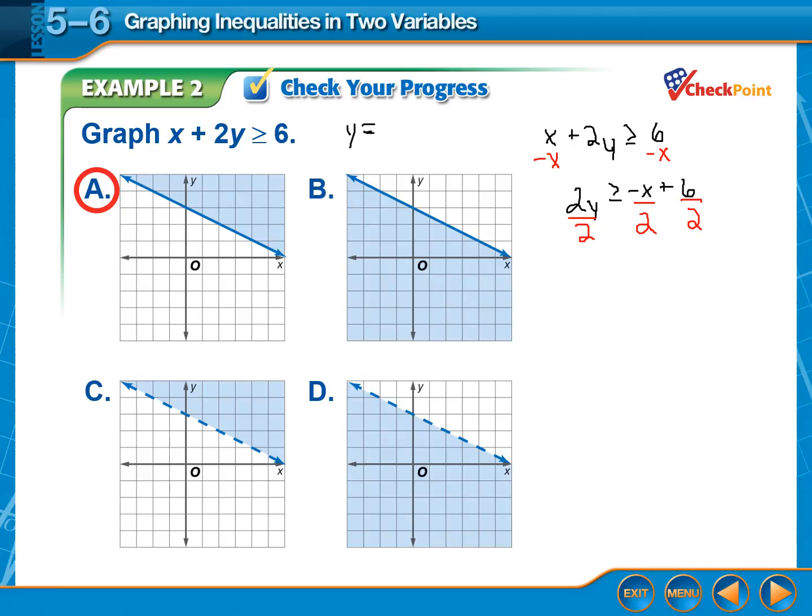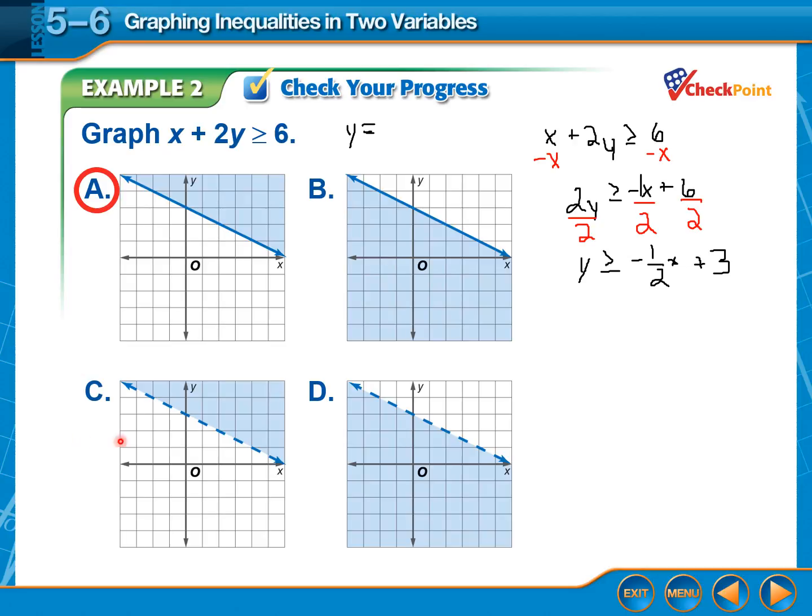And that leaves me with the inequality, sorry, y is greater than or equal to negative 1/2 x plus 3. Negative x over 2 is negative 1x over 2, or 1/2 x. 6 divided by 2 is 3. Right, so this is my inequality. y is greater than or equal to negative 1/2 x plus 3.